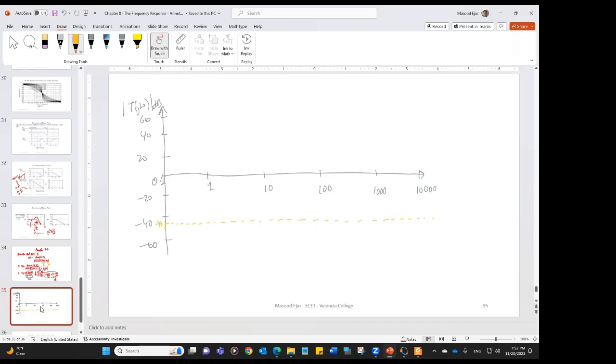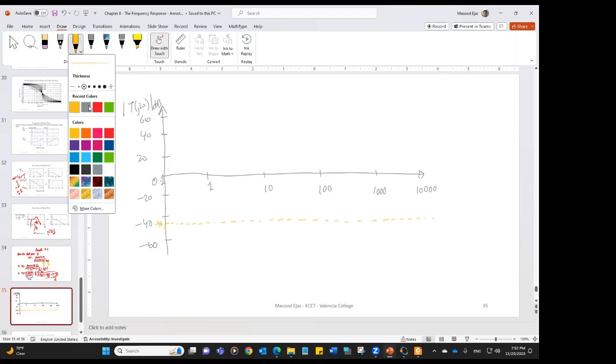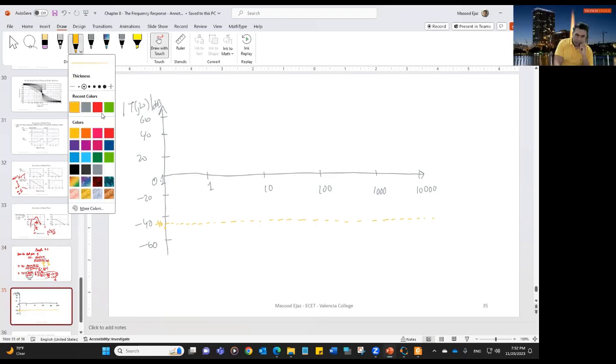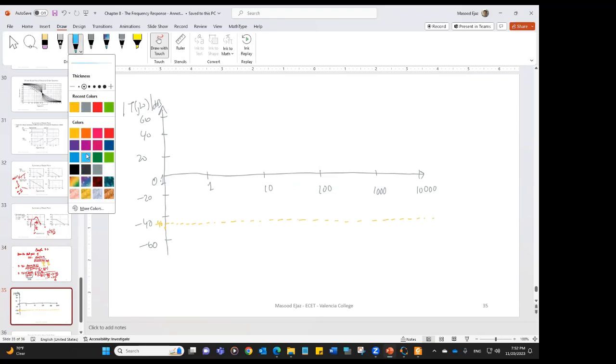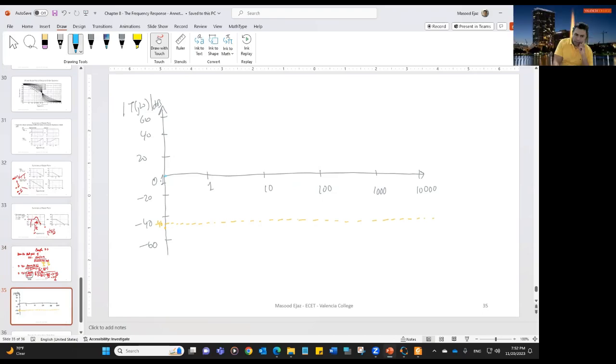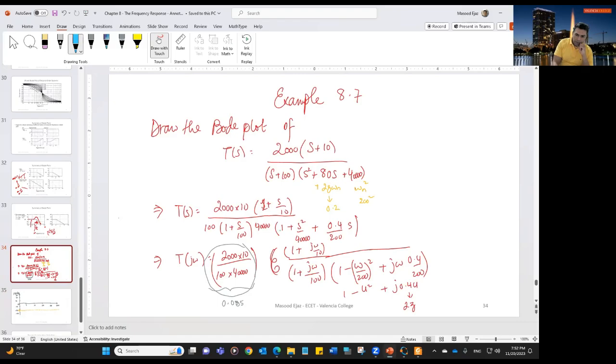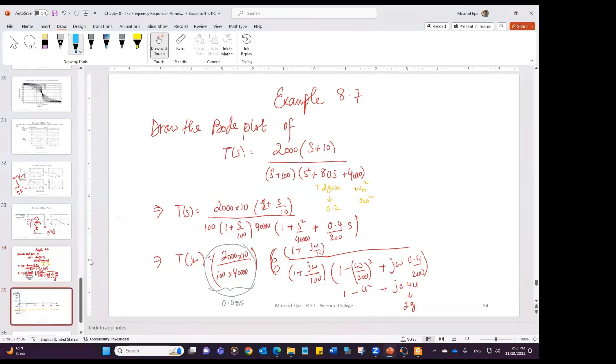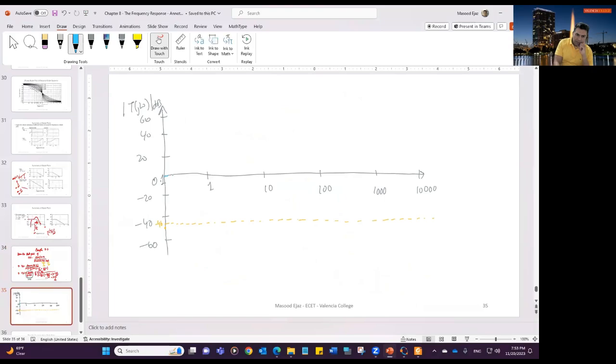It's going to be 0 dB up to 10, and then what's going to happen?